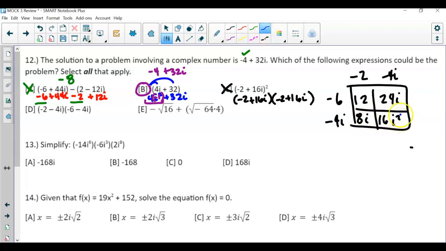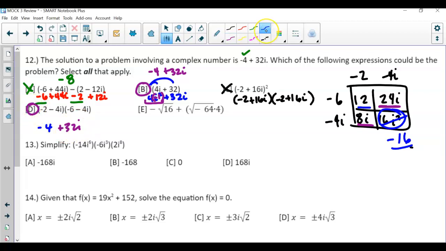Now notice here again, I've got another i squared, which would make this not positive 16, but negative 16. So if I were to combine 12 minus 16 here is negative 4. Then here combine 24i plus 8i is 32i. So I know that D is also an answer.